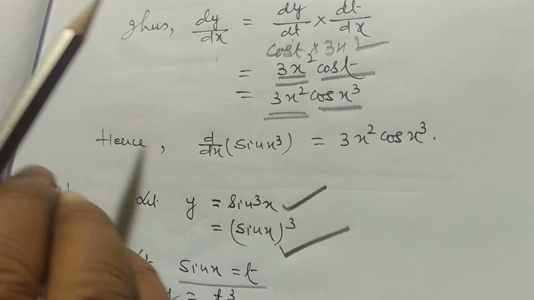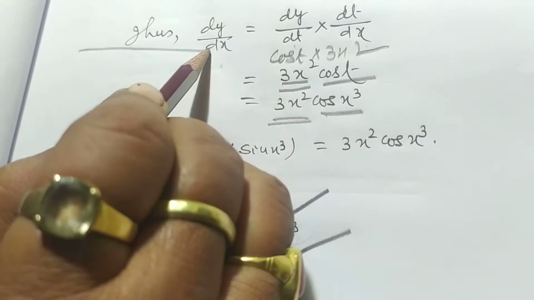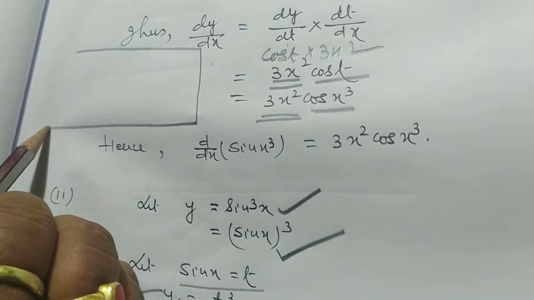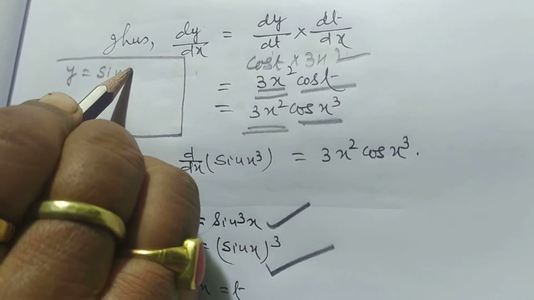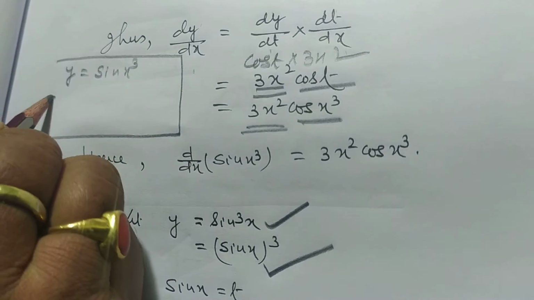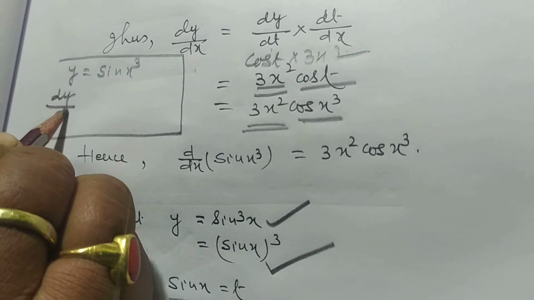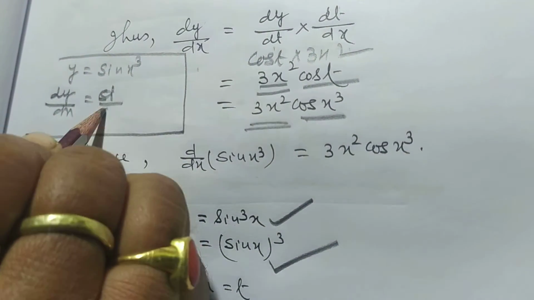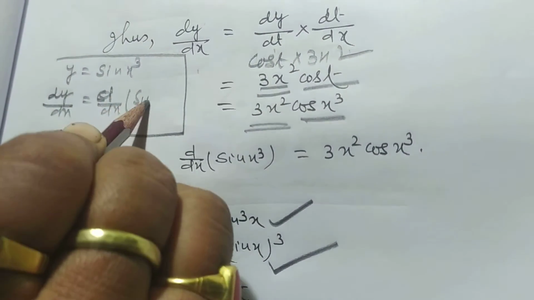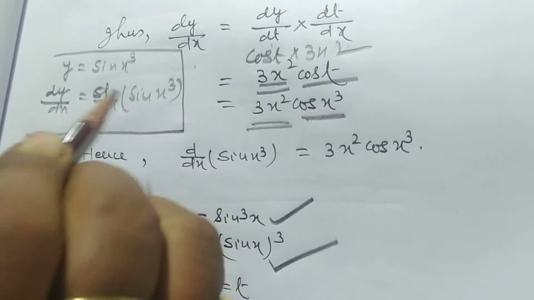Now my dear students, we can solve it directly also. Here y is equal to sine of angle x cube. So dy by dx is equal to d by dx of sine of angle x cube.